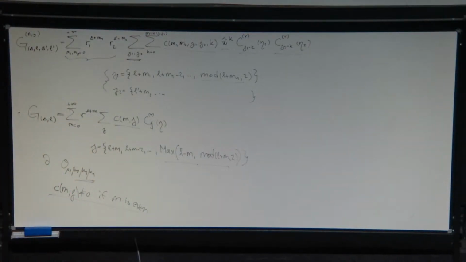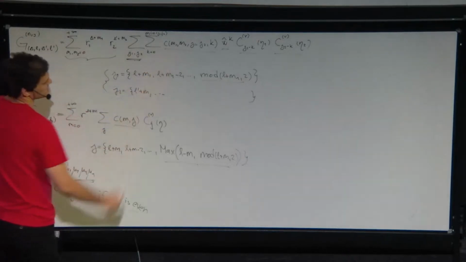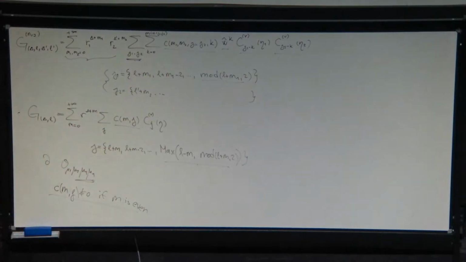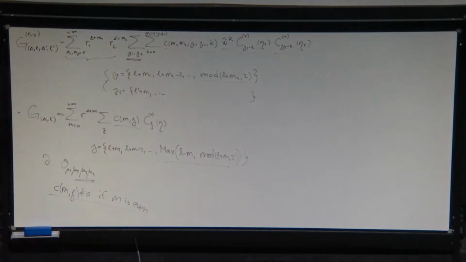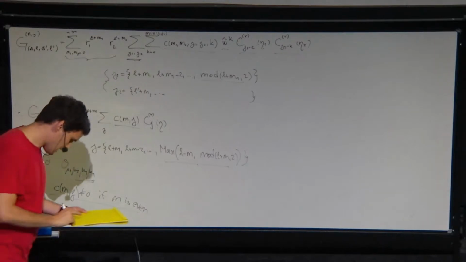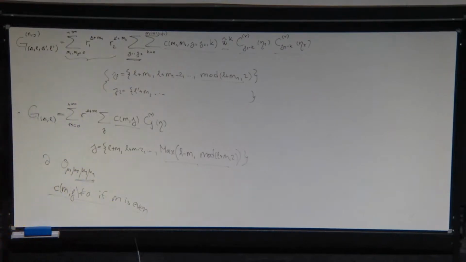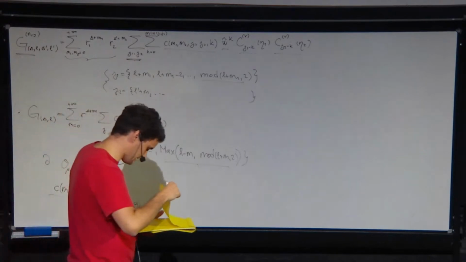But there are no such selection rules for the 5-point function. So if you consider 5-point functions of all identical scalar operators, you're going to find that all C coefficients are in general non-zero. So that's why it's still a bit harder to compute these 5-point correlators than 4-point ones, but I think we might be on the right track.